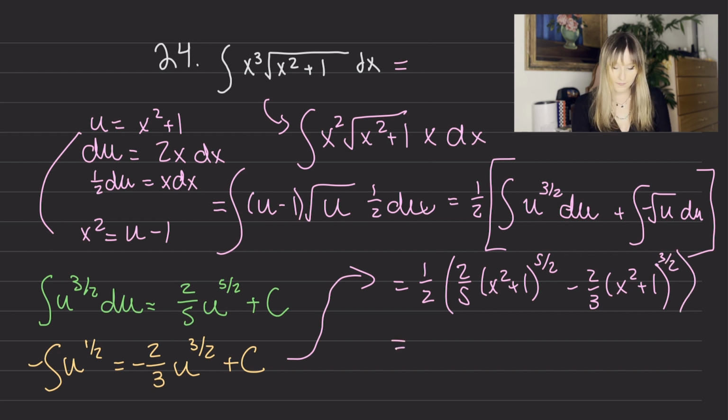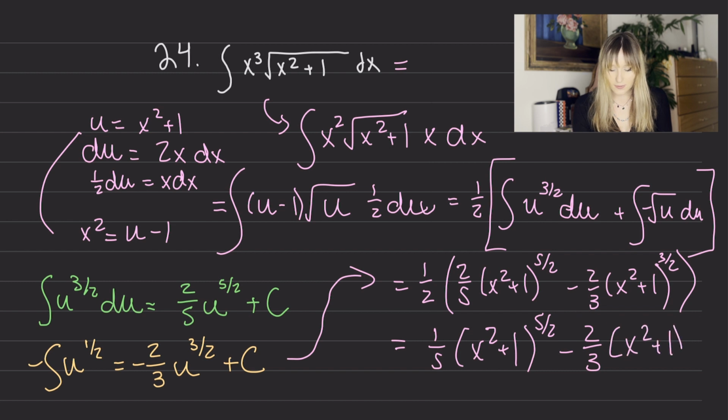All right. I'm going to distribute this. We have 1/5 times x squared plus 1 to the 5/2 minus 2/3 times x squared plus 1 to the 3/2. Okay, and I think that's all. Oh, silly me, this has to be a 1/3 because we have to distribute the 1/2. So let's move on.